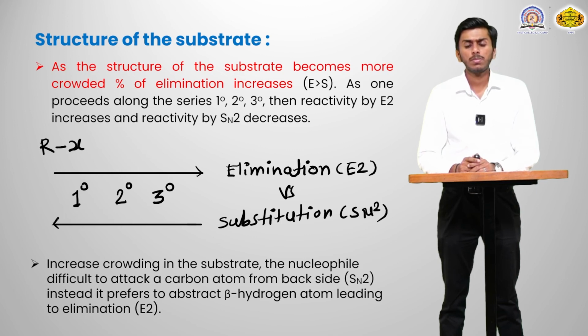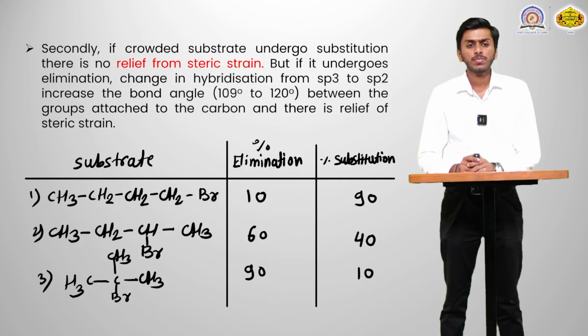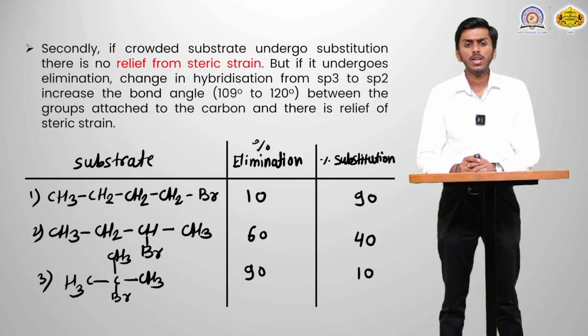Instead, it prefers to abstract a beta hydrogen atom, leading to the elimination product. Secondly, if the crowded substrate undergoes substitution, there is no relief from steric strain, but if it undergoes elimination reaction, the hybridization changes from sp3 to sp2, that is, formation of a double bond, which increases the bond angle from 109 degrees to 120 degrees between the groups attached to carbon, and thus there is a relief of steric strain.